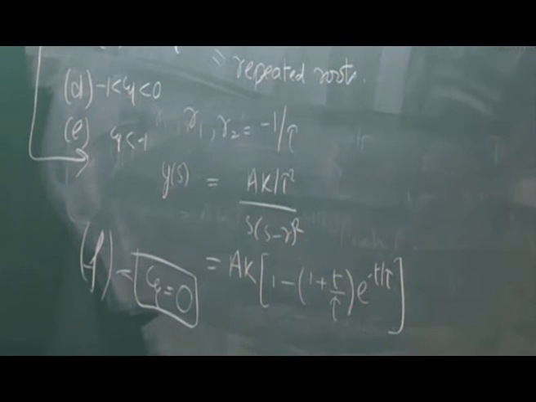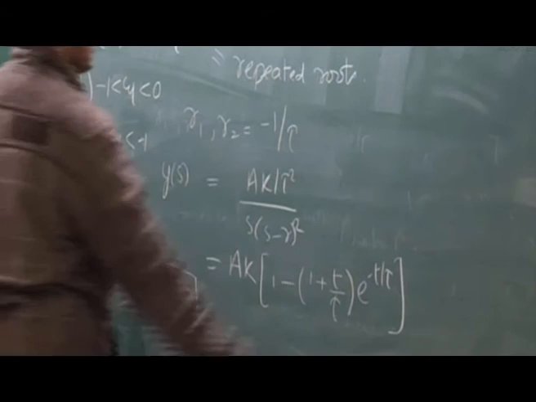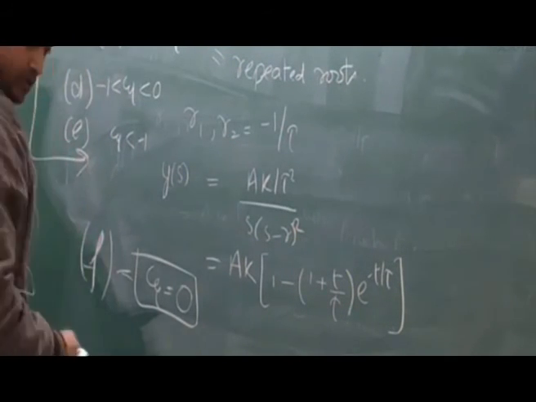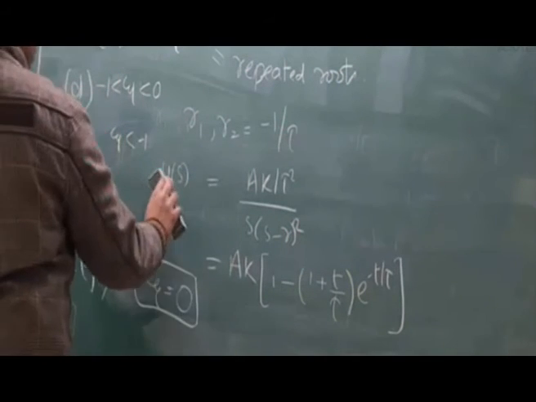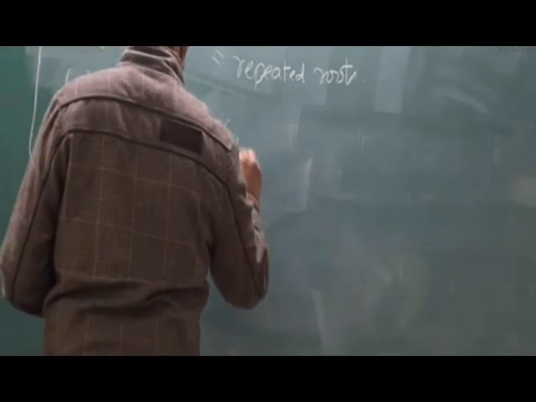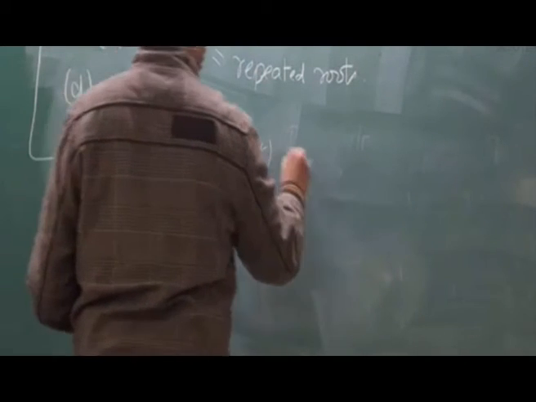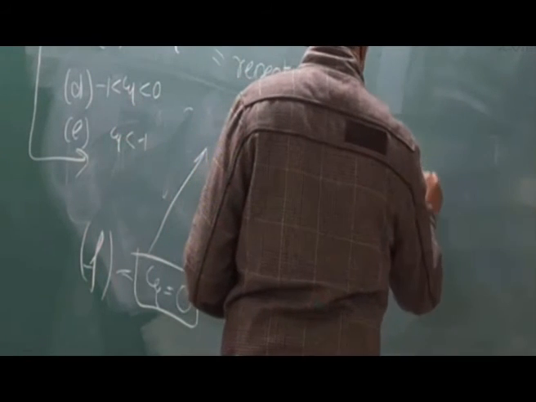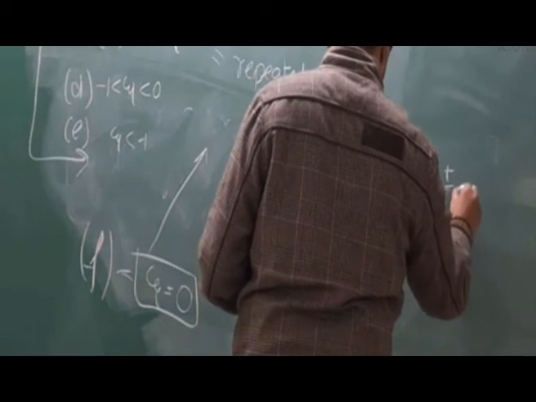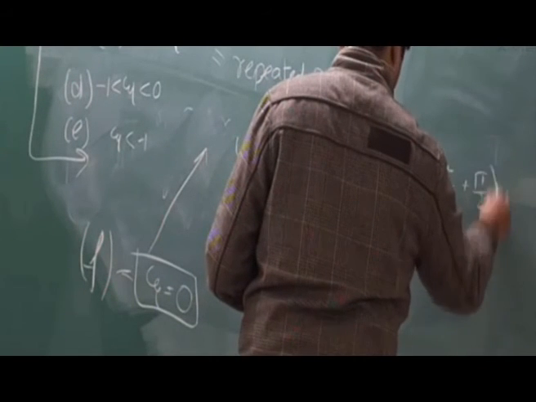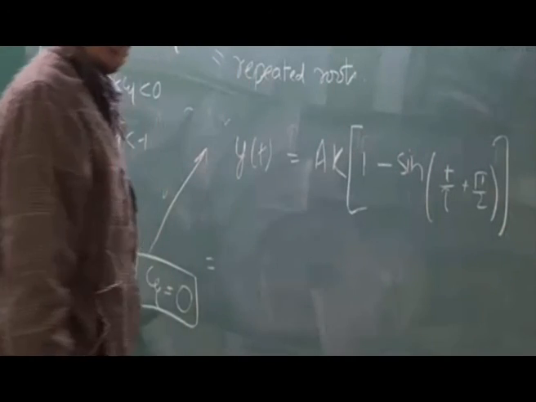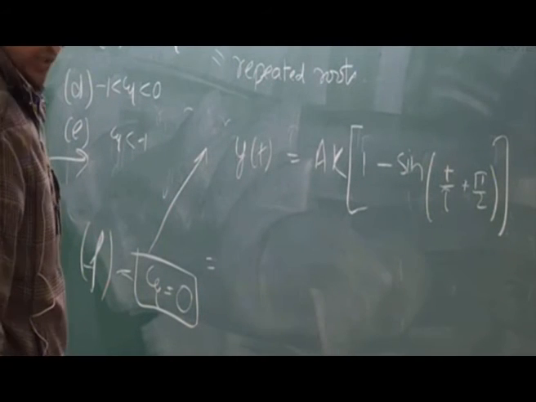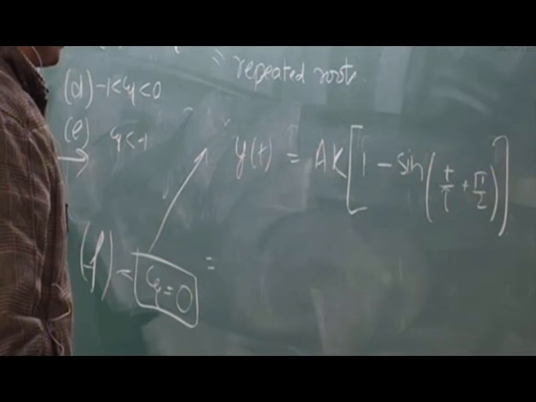For xi is equal to 0, we won't be having any damping. Both the roots will go to 0, and the final expression for the time domain signal y(t) will be pure oscillatory behavior, okay, without any damping or decaying.